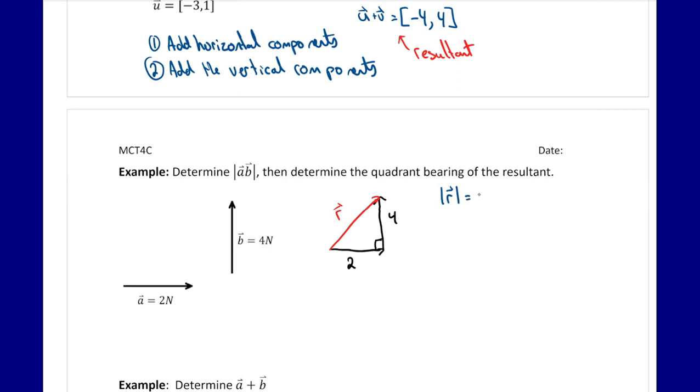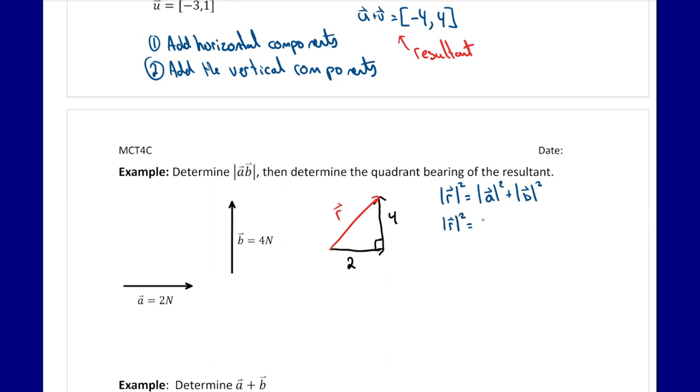It is going to equal the magnitude of a squared plus the magnitude of b squared, right? We can use the Pythagorean theorem to figure out this diagonal. You could use different symbols, but we're just using the specific notation for magnitudes. So it should be the magnitude of the resultant squared equals the magnitude of a squared plus the magnitude of b squared.